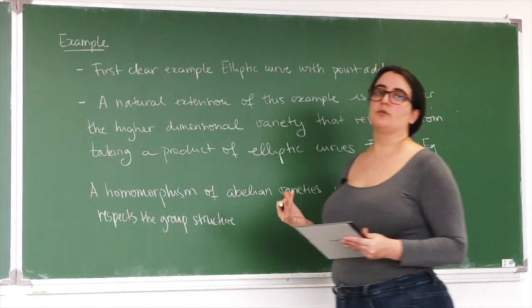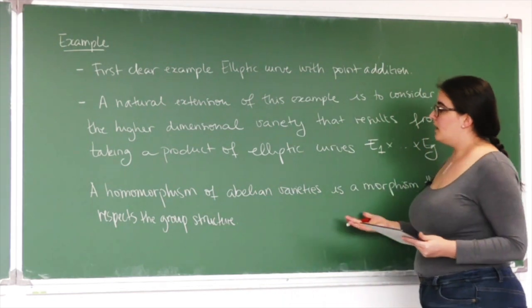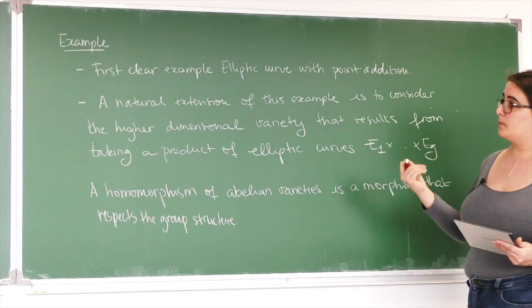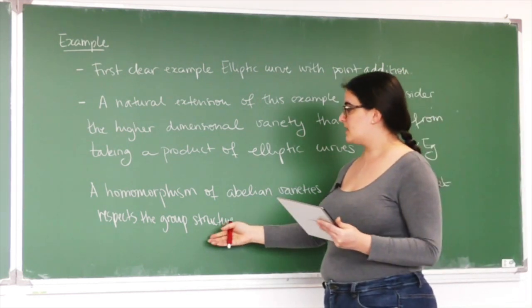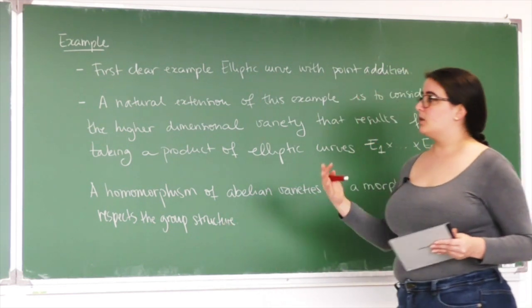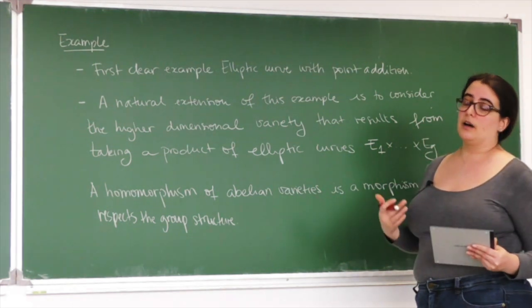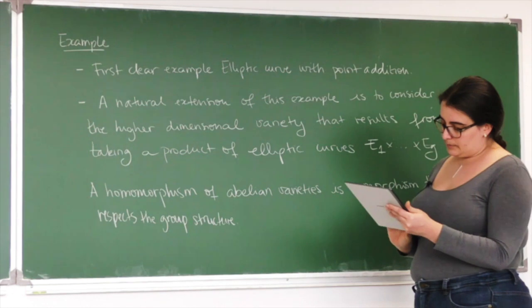So mainly, we don't really have anything new here. It is what we would expect: a morphism between the set of points that respects the group structure. Again, an example of this is what we saw yesterday with homomorphisms over elliptic curves.